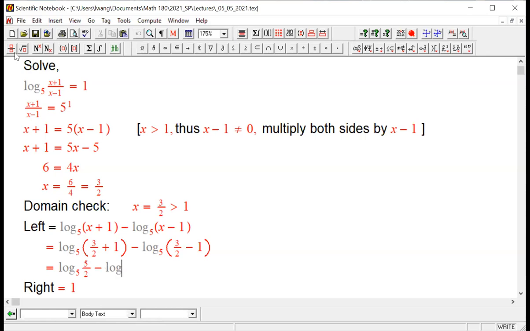Minus log base 5 of 3/2 minus 1, that's half.